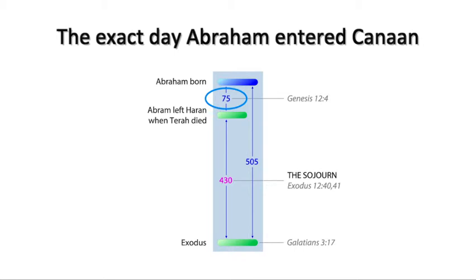And the Exodus took place exactly to the day 430 years after that, again on the 15th day of the 7th month. But at that time, God changed the calendar so that the 7th month became the first month, making the Exodus to be the 15th day of the first month on the new calendar. I hope you're gaining an appreciation of the precision and the perfection of the Bible's chronology.